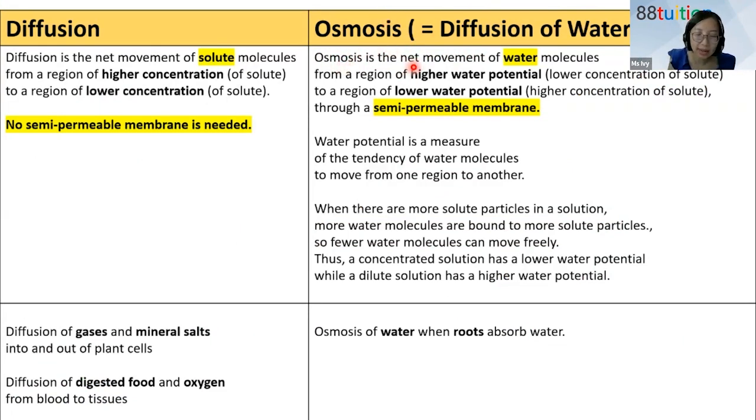So osmosis is the net movement of water molecules from a place of higher water concentration, or you can write higher water potential, to a place of lower water potential. And it must involve a semi-permeable membrane, whereas diffusion needs no membrane. Diffusion is the net movement of anything.